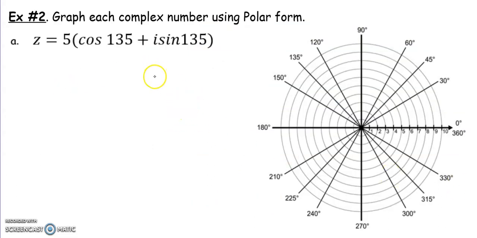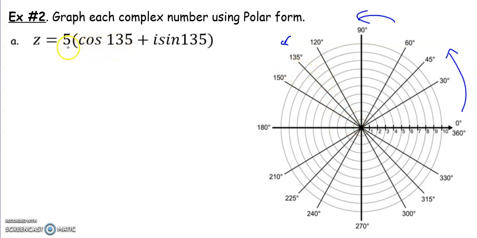All right, so let's graph this in polar form. We want to go to the angle at 135 degrees. So from our origin, we are going to travel around that far to 135 degrees. How far out from the origin are we going to hit this 135 degrees?